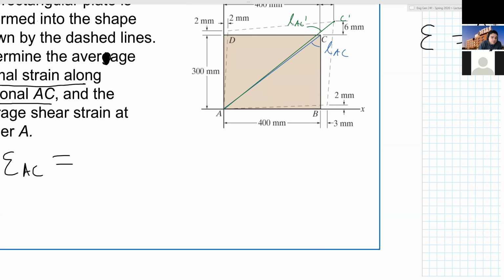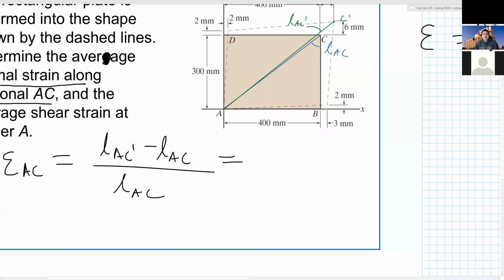So then we're going to do final minus initial over initial. The final one is going to be a little bit trickier. But what is my initial? Look at the box originally. What's the base distance? 400. What is the height? 300. This is a 3, 4, 5 box, so the hypotenuse is 500 millimeters.